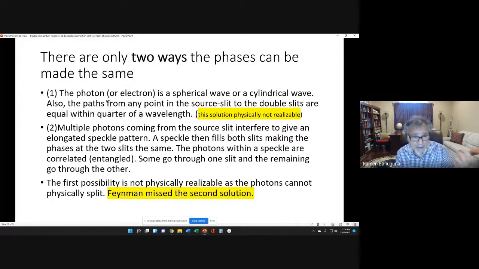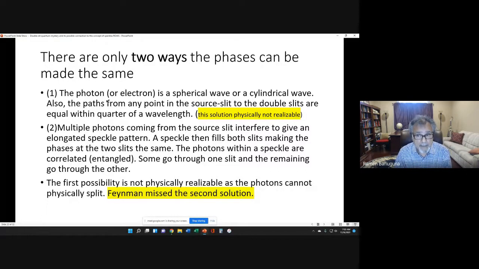You have to have it so that the phases are almost the same there. Because if you take any point on the source slit and you join it to the two slits, the path difference between the two must be less than lambda over 4, no matter where you place the point source within the source slit width.